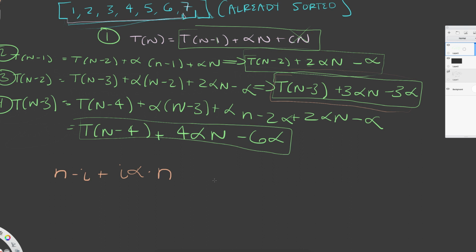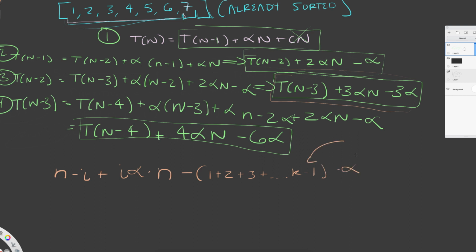So I'm just looking at the skeleton structure here and substituting the genericized version down here. And then what I also notice is that we are subtracting, we got a minus 1, a minus 3, a minus 6, and what that looks like here is we have a minus (1 plus 2 plus 3 plus dot dot dot plus k minus 1) times alpha.